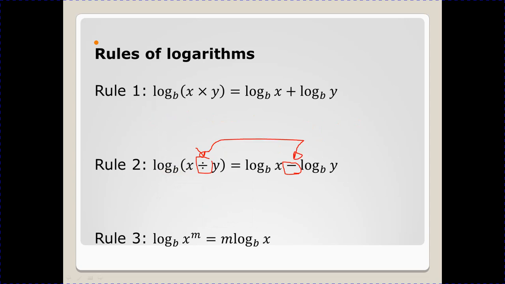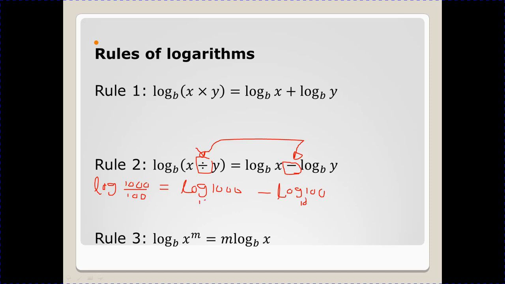Let's have another simple example. Suppose that I have log 1000 again divided by 100. Based on this rule, it will be log 1000 minus log 100. Of course, all of them at the base of 10.